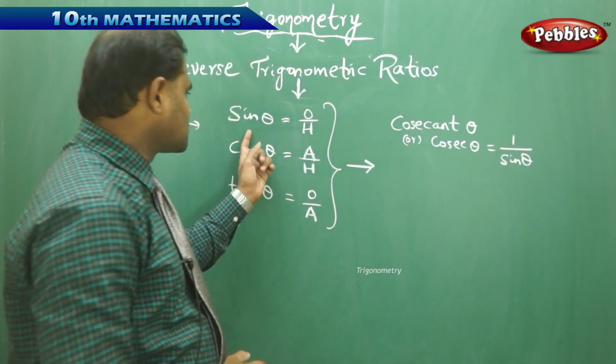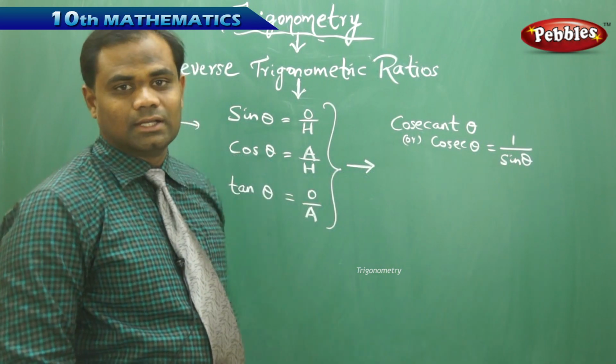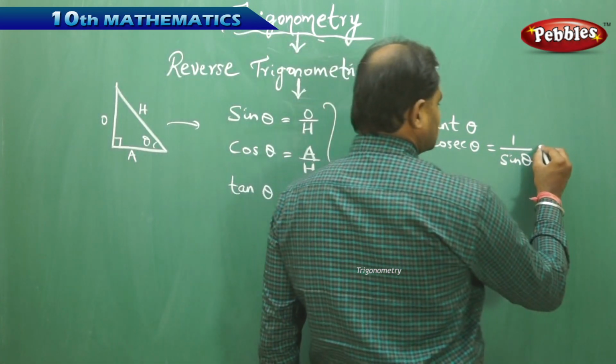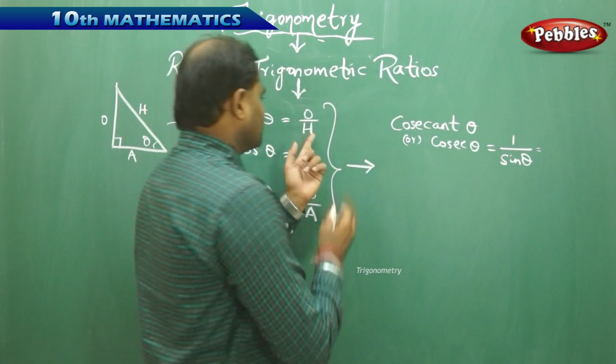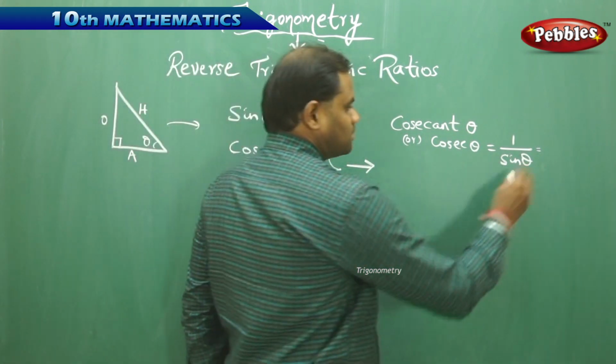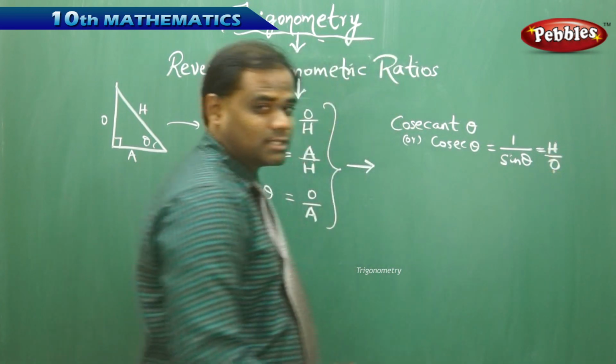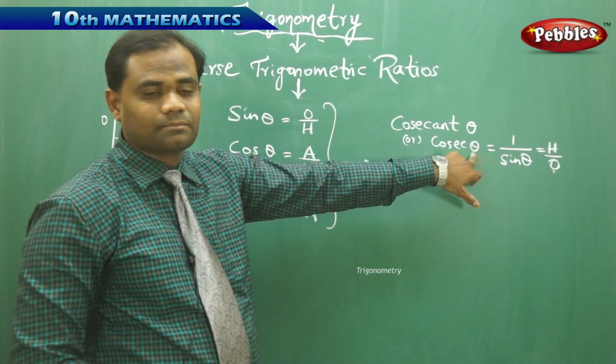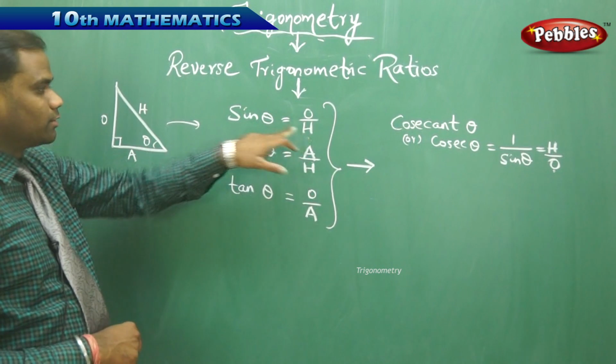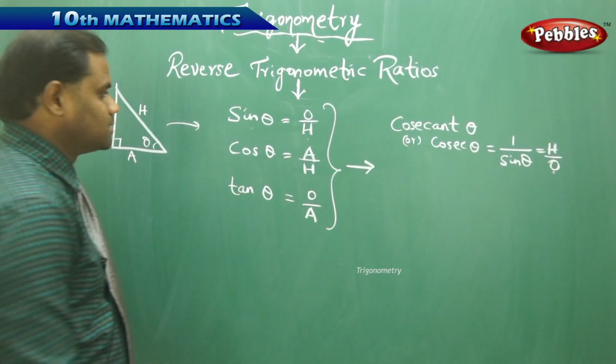So the reciprocal of sine is called cosecant theta, and the reciprocal would reverse O by H to H by O. Therefore, hypotenuse by opposite is referred to as cosecant theta, and opposite by hypotenuse is referred to as sine theta.